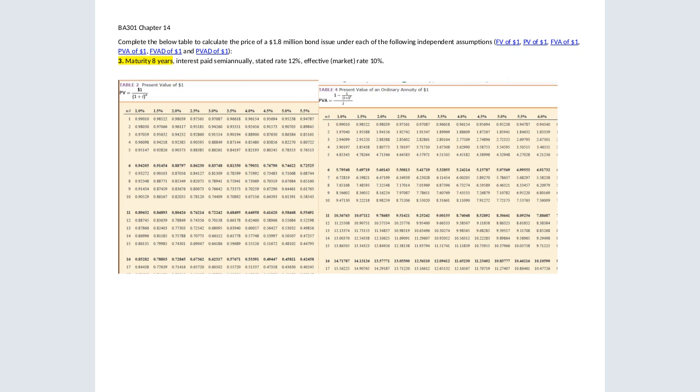So in this regard, what's the first step in calculating our issue price? We said we have 2 steps when calculating the issue price of a bond.